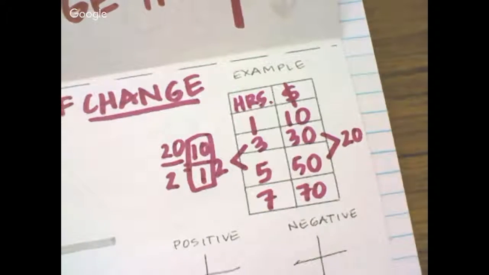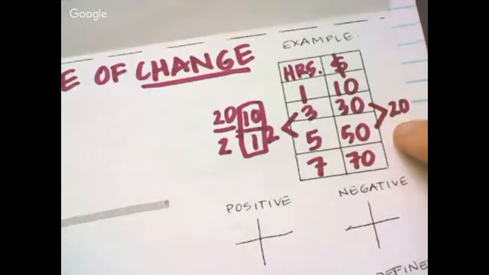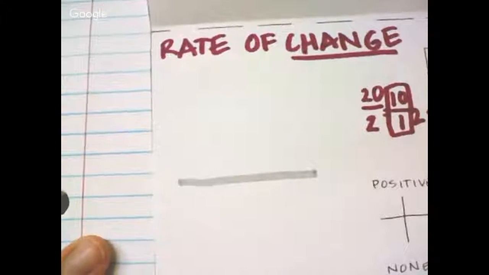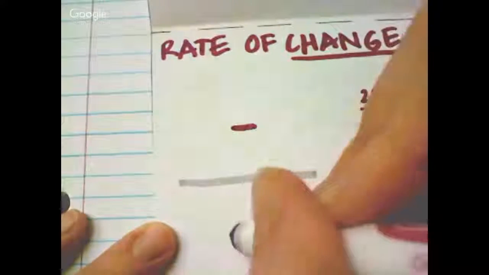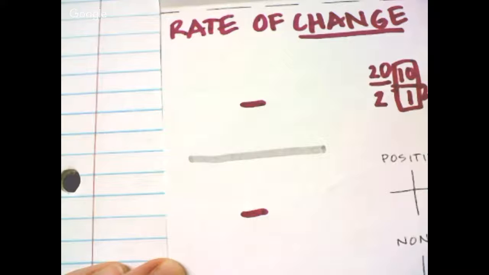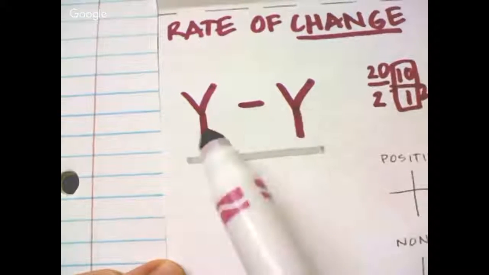So I could also think about this as a subtraction. So how did I find change? Where did that 20 come from? I subtracted 2 numbers. Well, when I'm talking about a change in a y value, it's hard to distinguish which y.